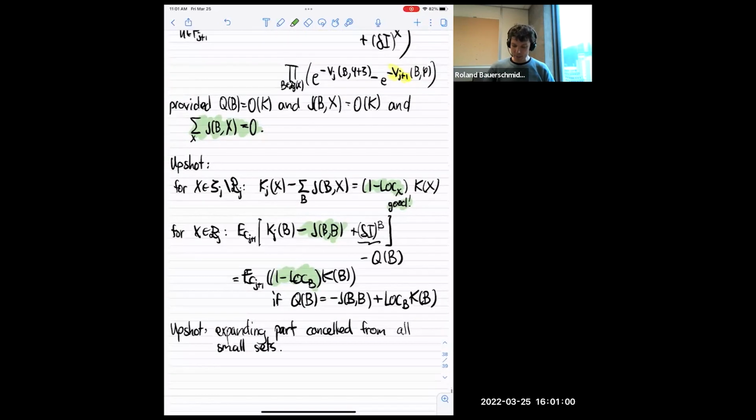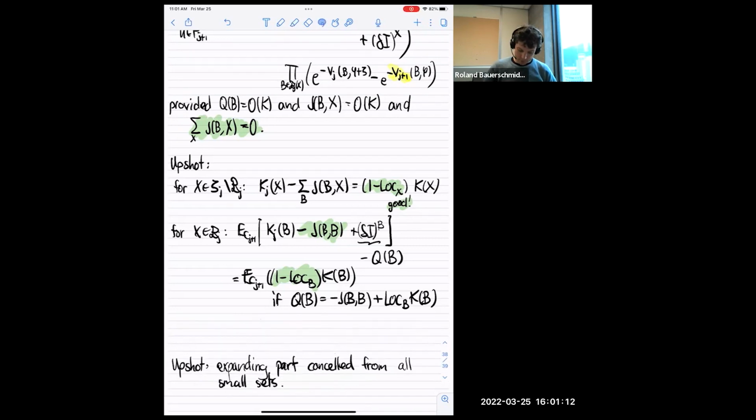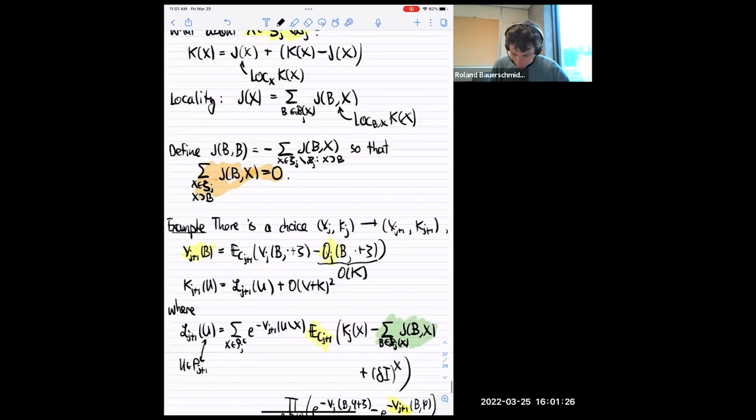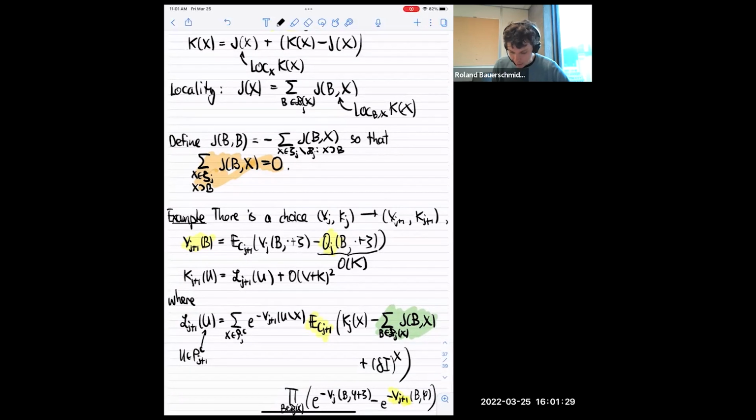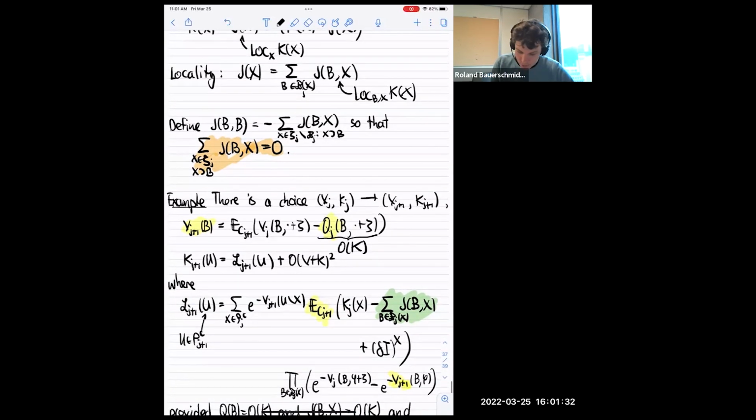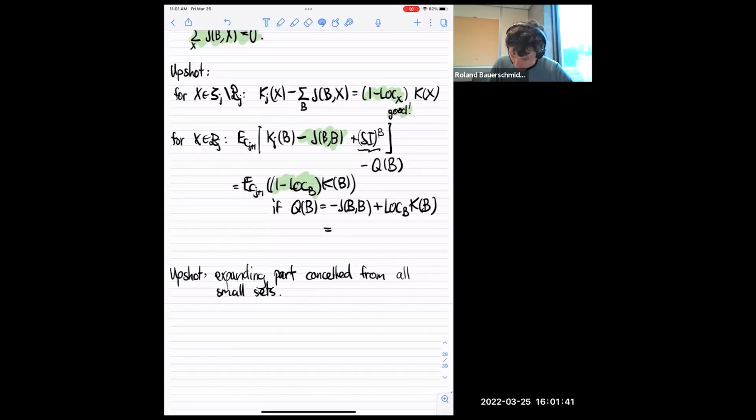So I've told you, you pick Q of B to be minus JBB plus log B of K. But if you really write down what it is, JBB was given by this, right? So let's put that here.